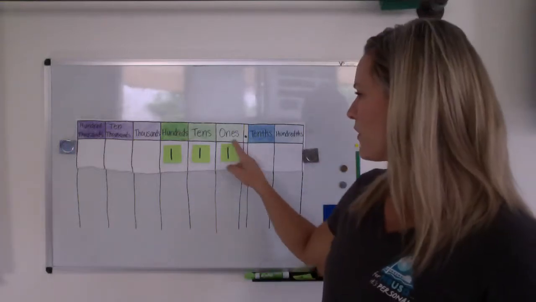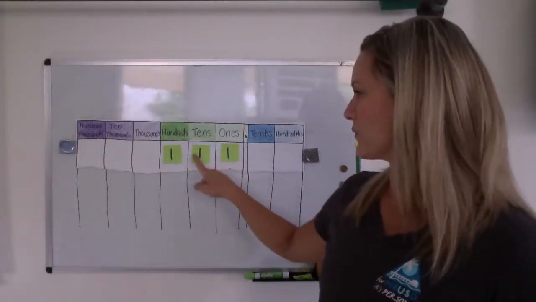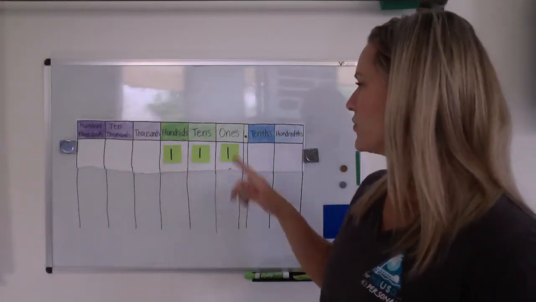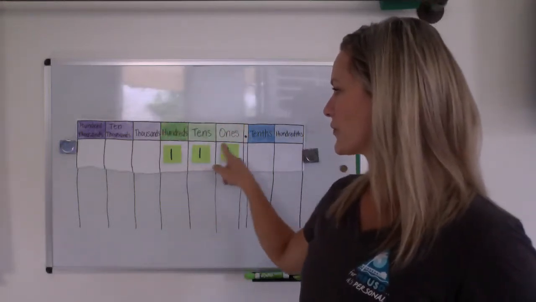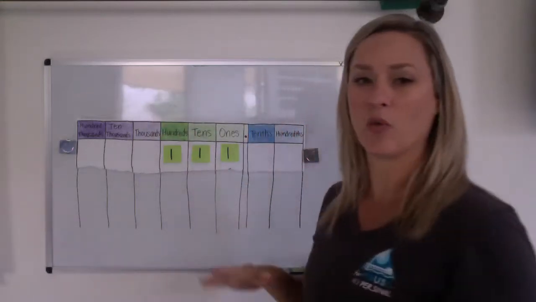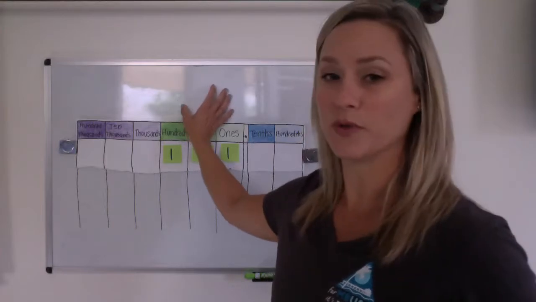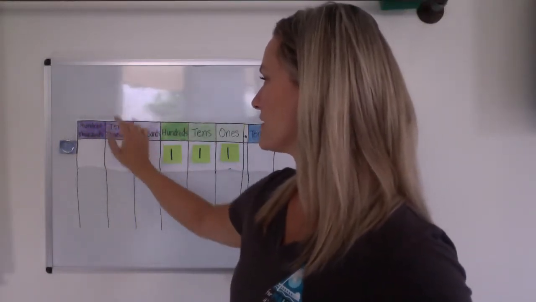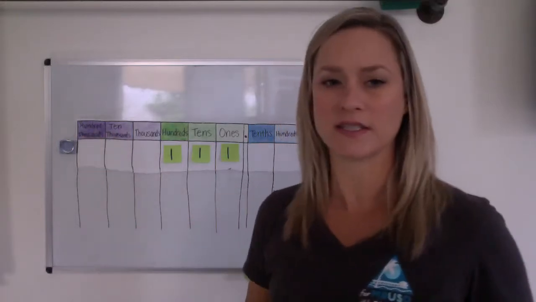So maybe you said, well, this one would be worth 1, and this one is 10, and this one is worth 100. And then you probably noticed that these are green here. These are called periods. So this is the ones period here, or the units. And then these are purple here, and these are the thousands. So thousands, 10,000s, 100,000s, right?